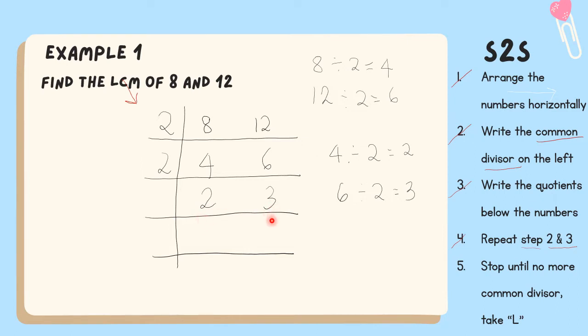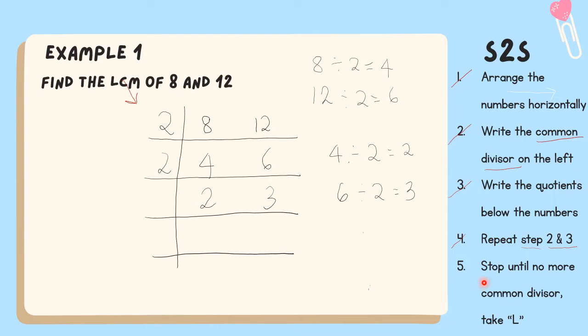So you can't really divide this number by 2, because 2 divided by 2 gives you 1. But how about 3 divided by 2? Is there such a thing as 3 divided by 2 and then you get a whole number? No, there is not. So you cannot divide anymore, meaning that there are no more common divisors.